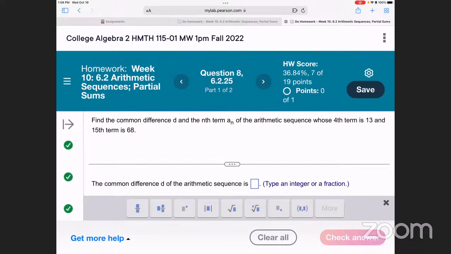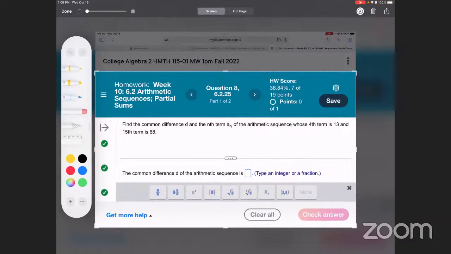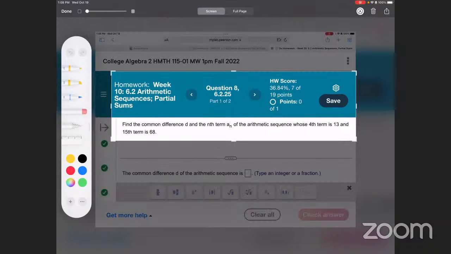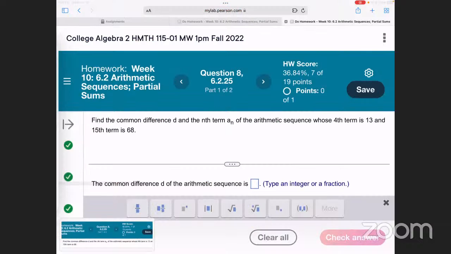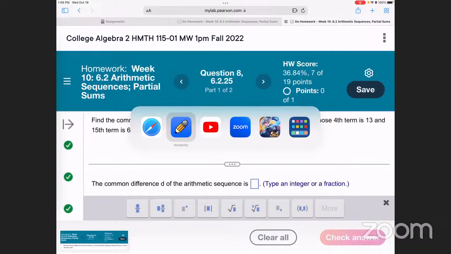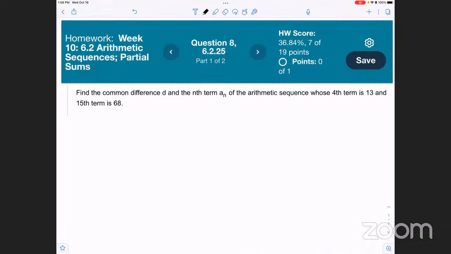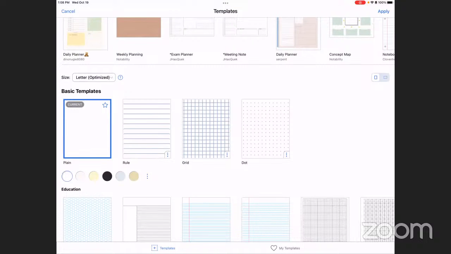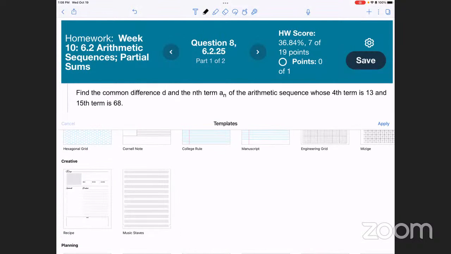So let's get a copy of this, and we're gonna drop this copy over into Notability so we can take some notes. There's a setting that I can update, but that's okay. Templates. It's okay.